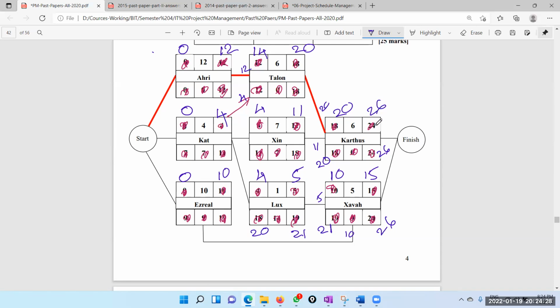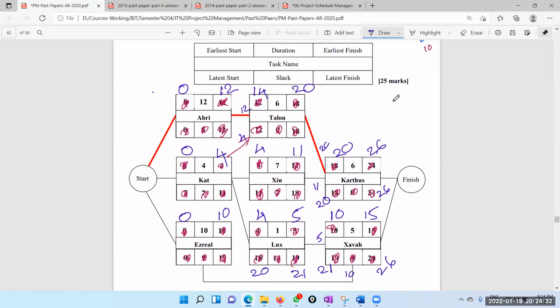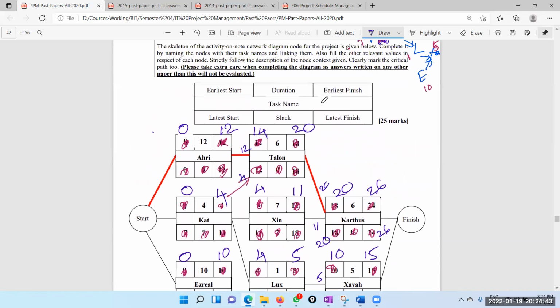So this is 20. Now we have 14, then. So this is 12, this is 4.